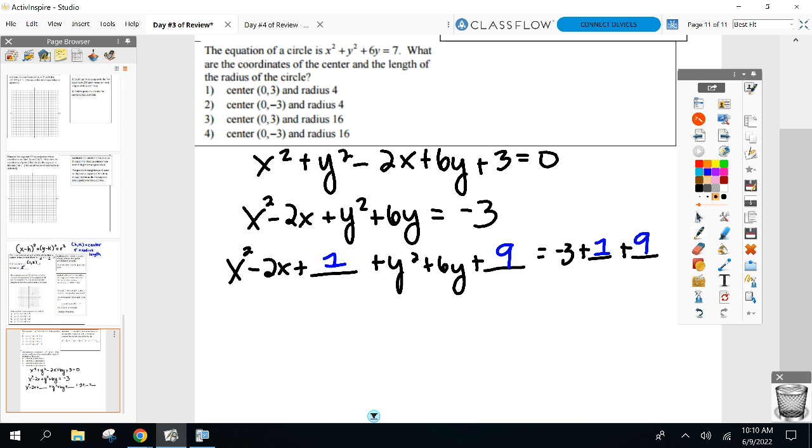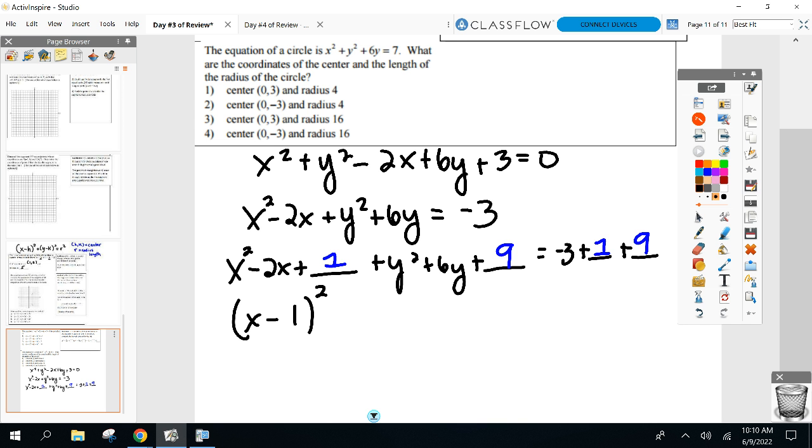All good? Next up, factor. 2 numbers that multiply to 1 but add to negative 2. 1 and 1, right? But how do I get them to add to negative 2? Okay, yep, and this will be squared.